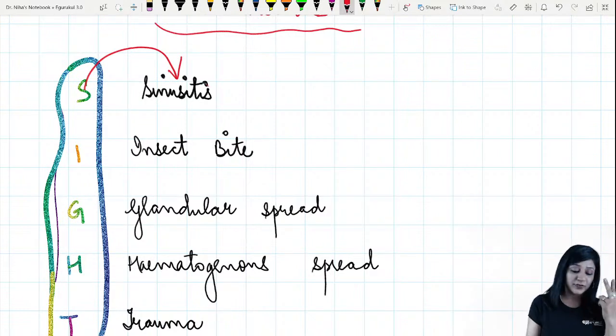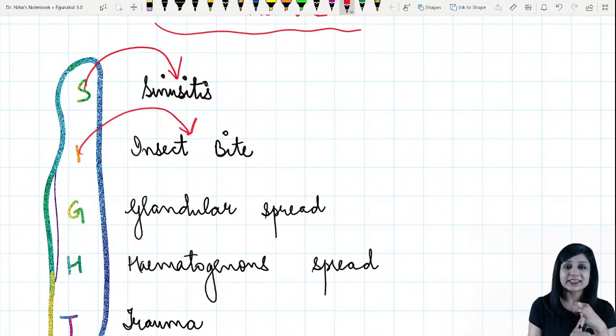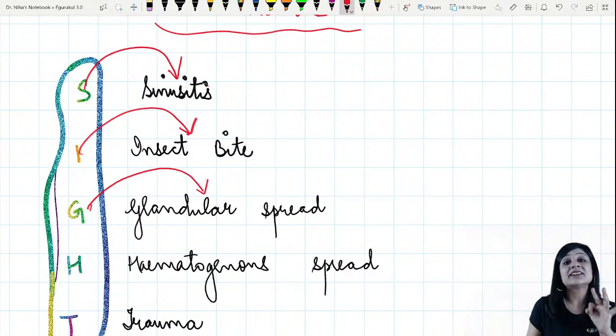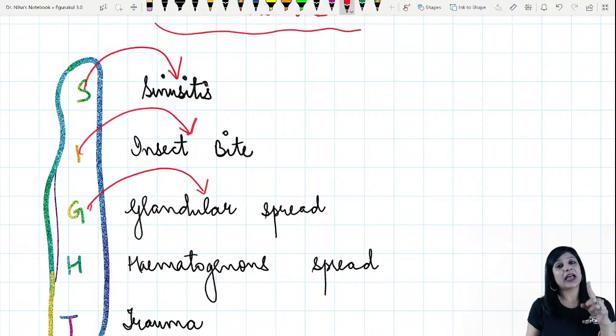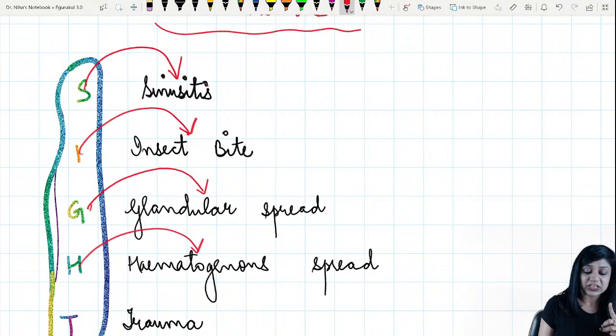Now see the second, I for insect bite. This is also available in the question. We have sinusitis, we have insect venom, allergic to the insect venom. Then G. G is actually your glandular spread. It can spread from a gland. So instead of the insect bite, they could have given you the example of glandular spread. H for hematogenous spread.